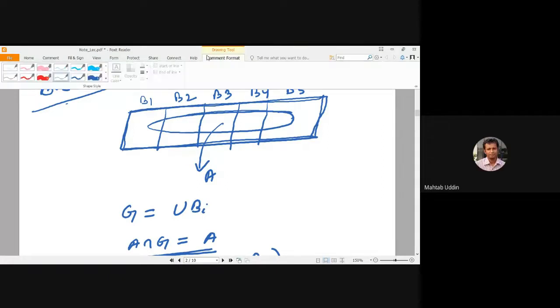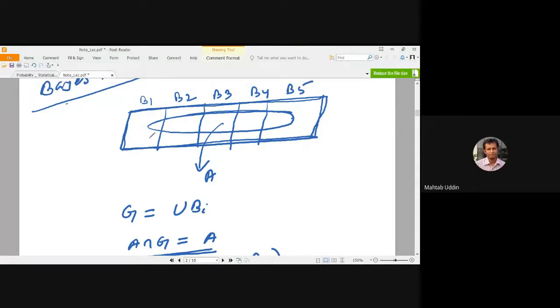How many trees do you have? 5 trees. Now, if tree 1 is selected, what is the probability of getting a mango? This is the probability of A under B1. Do you understand? Yes, sir.